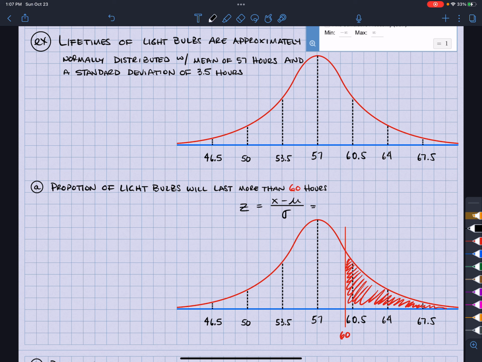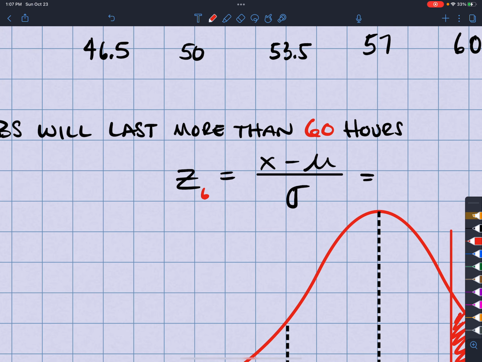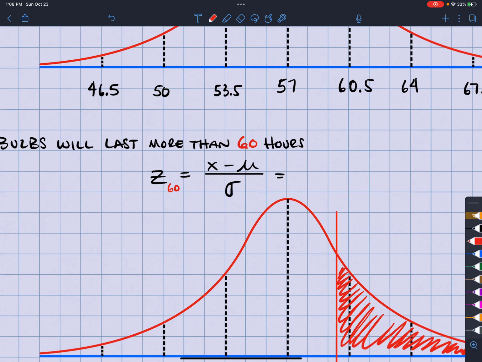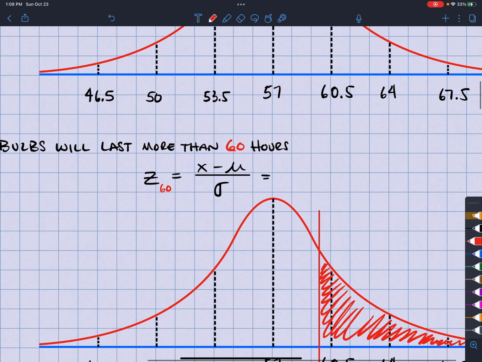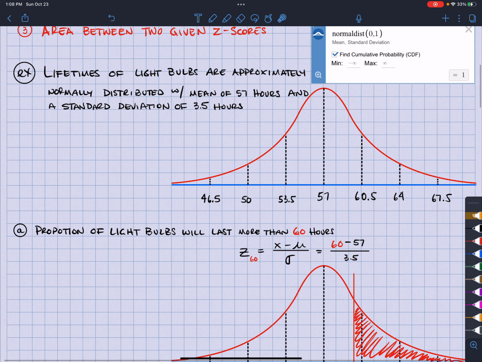So let's find the z-score of 60 hours. Okay. To find that, what we have is this fraction, and we're going to use 60 minus the mean, which we found as 57, and the standard deviation was 3.5, which is what's given in this problem right here.